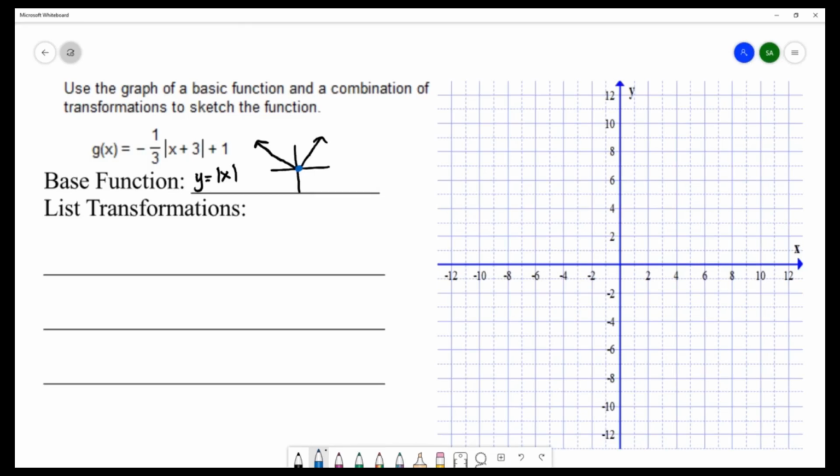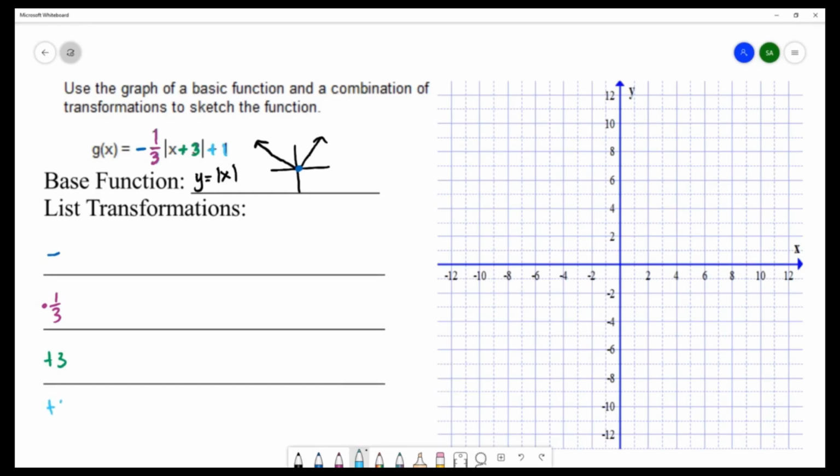So then I'm going to take a moment to analyze the different operations that are displayed in this function. So we have a negative, we have this 1/3, which is being multiplied, we have a +3, and we have this +1.